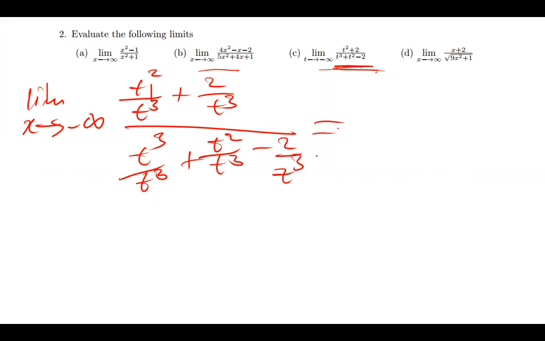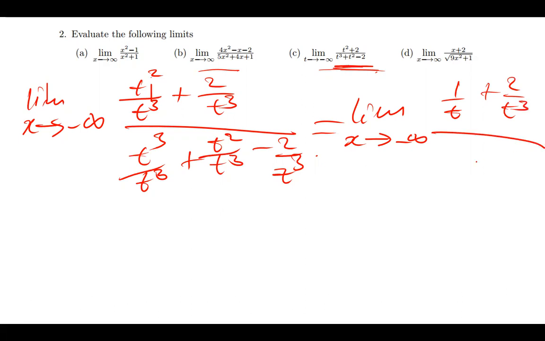When we do the division, t squared over t cubed gives us 1 over t, and 2 over t cubed stays as 2 over t cubed. In the denominator, t cubed over t cubed gives us 1, and t squared over t cubed gives us 1 over t.